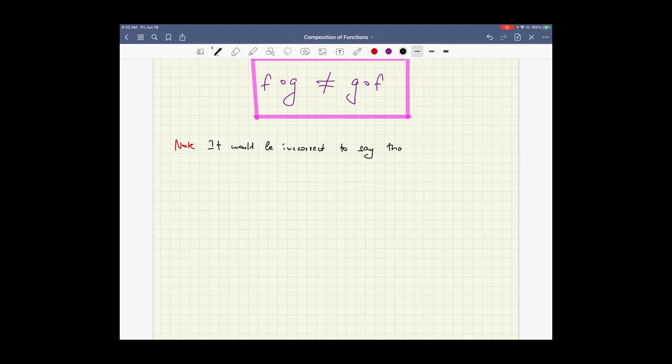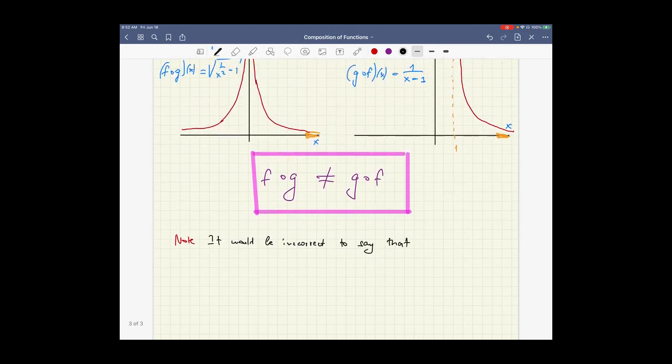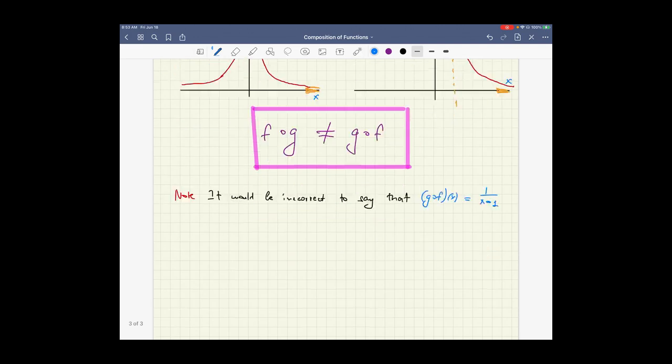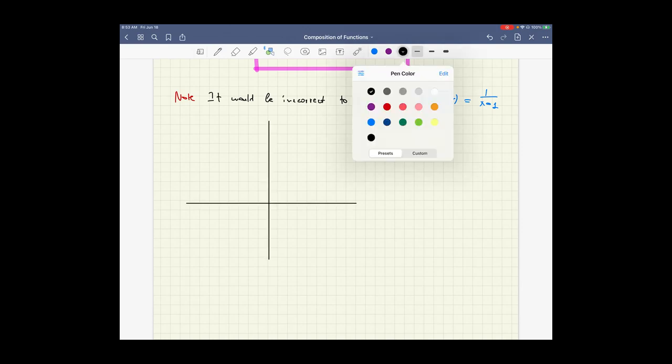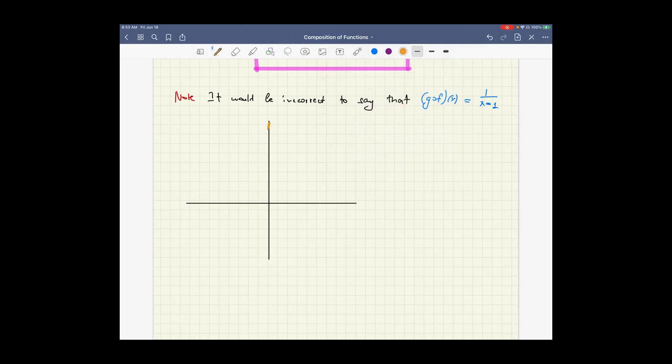It would be incorrect to say that g composed with f is the same function as 1 over x minus 1, because if you draw the graph of 1 over x minus 1, it will look different than the graph of g composed with f.